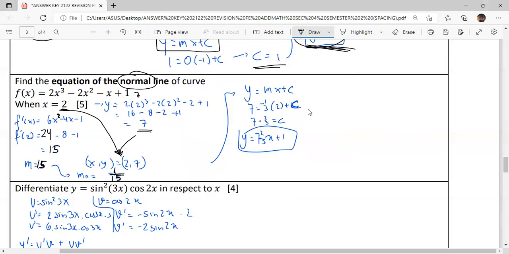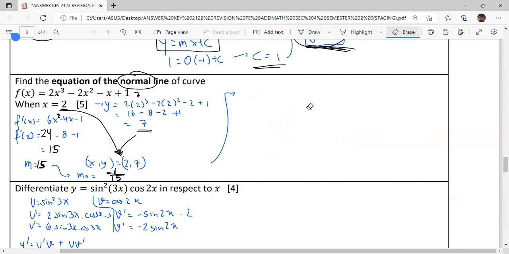So you put the m as negative 1 over 15. That's all wrong. Let's throw it away and redo it. This is x, sorry, the x looked like an n. So negative 1 over 15 times 2, plus c.